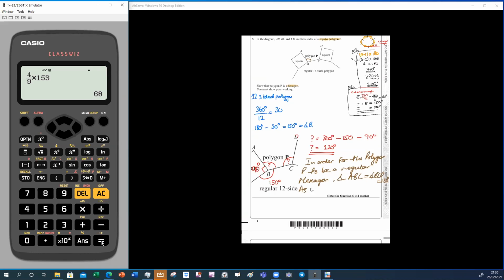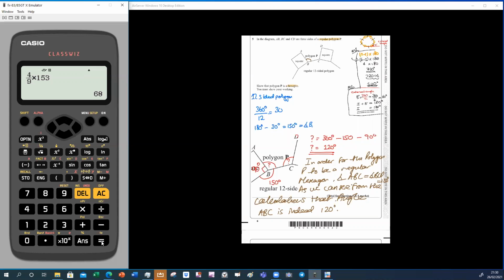As we can see from the calculations, that angle ABC is indeed 120 degrees. Done. So we've got to know what's expected from that particular angle.